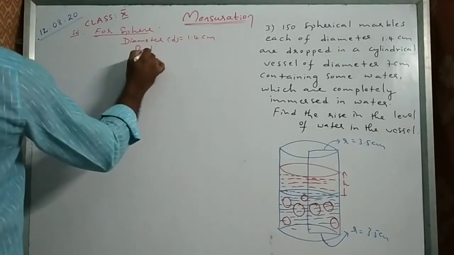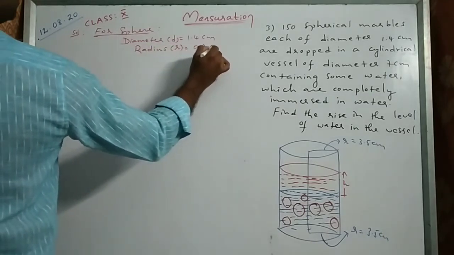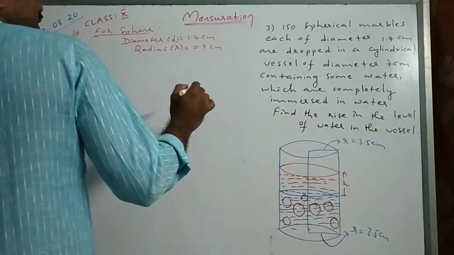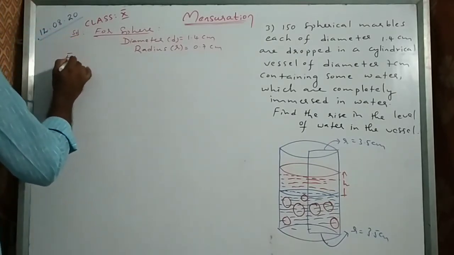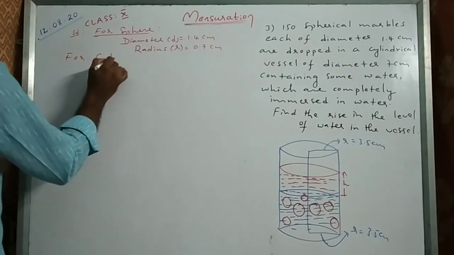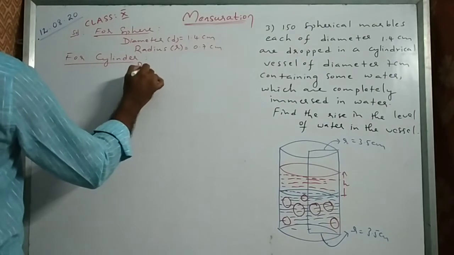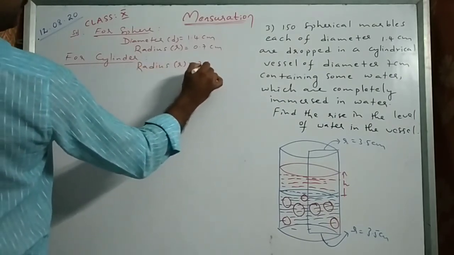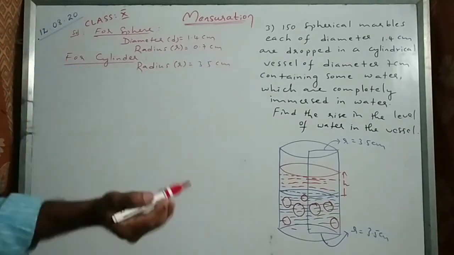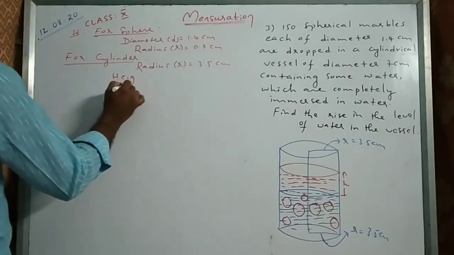So radius will be half of this, 0.7 cm. For the cylinder, what is the radius? 3.5 cm, diameter 7, so half of 7 is 3.5. Height we should find.